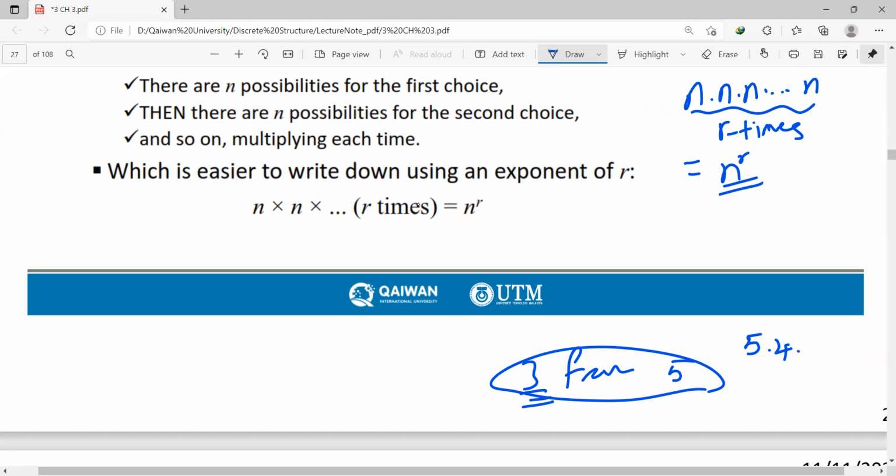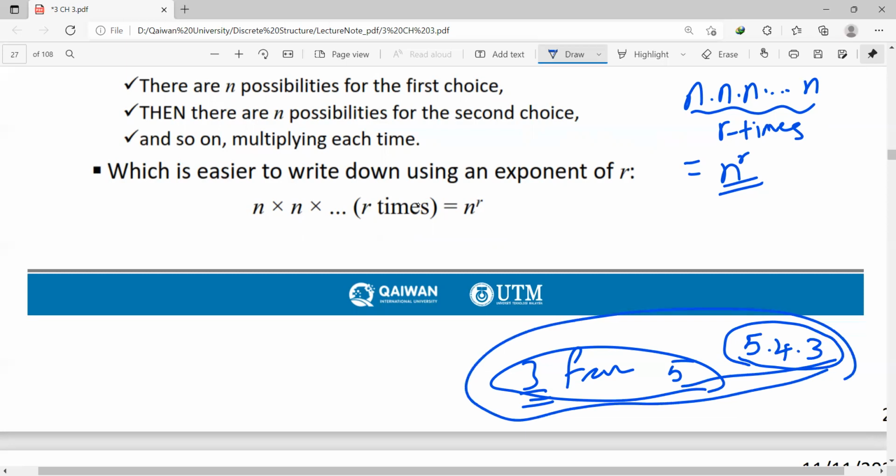And then for the third one, we choose from 3. So it is 5 times 4 times 3. This is how to find r-permutations from a set of n things if repetition is not allowed.